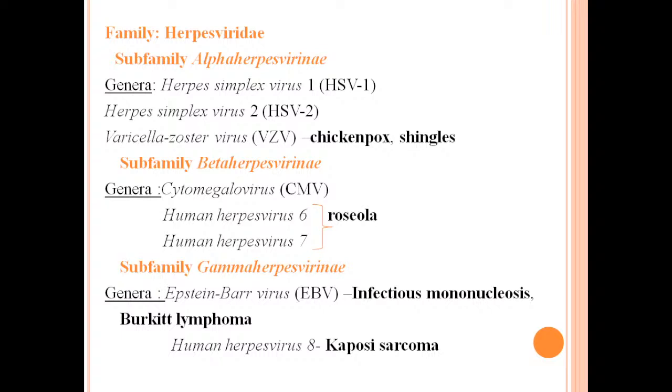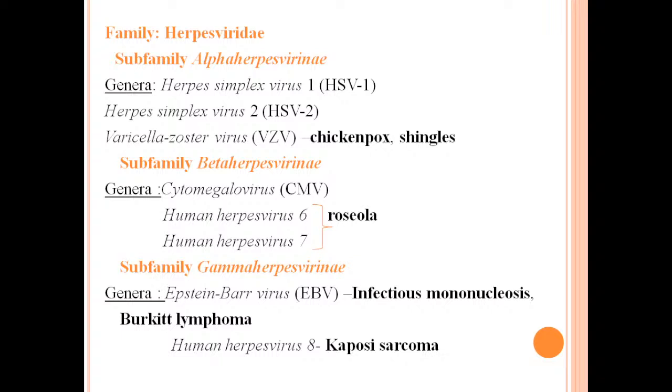The first one is Alphaherpesvirinae. This subfamily includes such genera as herpes simplex virus type 1 or HSV1, herpes simplex virus type 2, or its short name is HSV2, and Varicella Zoster virus.